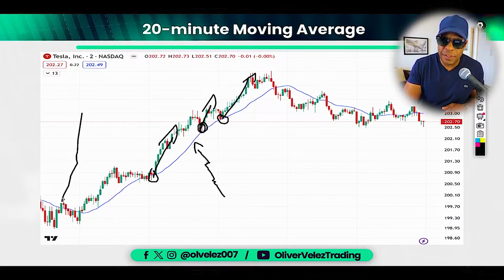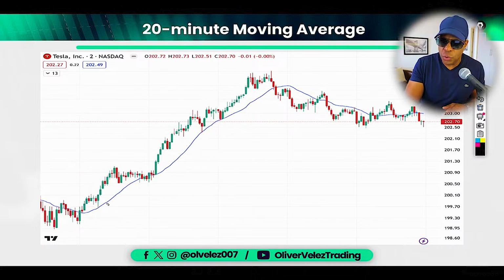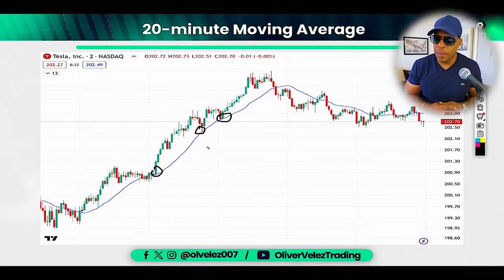Now look to the left of the chart, when the 20-period moving average was not trending in the way that we like, where you did not get that supportive nature. But here is where you start to get the supportive nature. The 20-period moving average starts to trend, and it starts to serve as a very powerful area of support. All right, so once it gets trending, it serves as support. When it's not trending the way we like it to trend, its supportive characteristics weaken. All right?